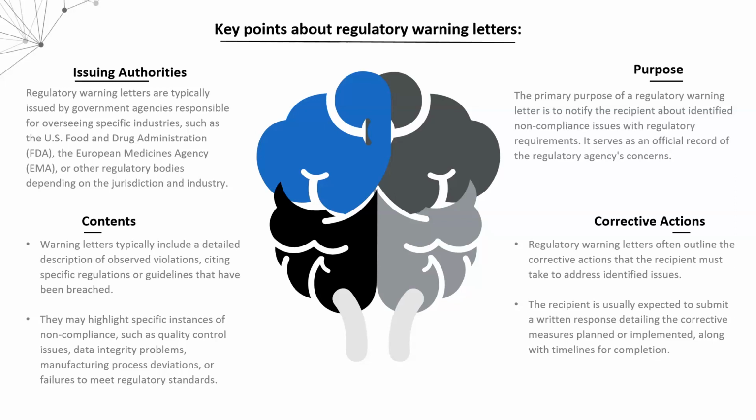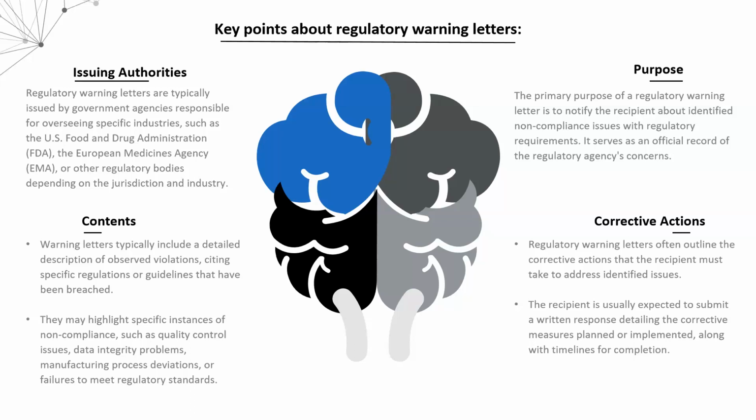So the primary purpose of this regulatory warning letter is to notify the recipient about identified non-compliance issues with regulatory requirements. It also serves as an official record of the regulatory agency's concerns. So what will be the contents of this warning letter?